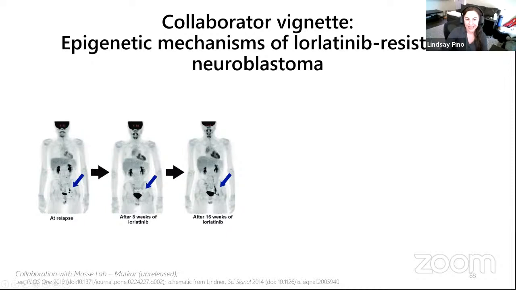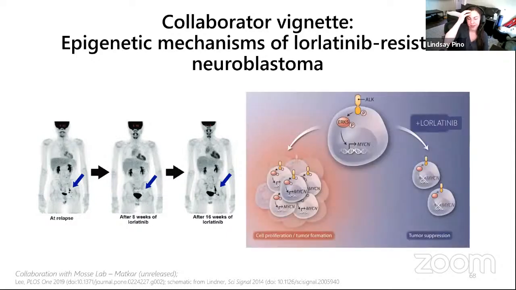It's an ALK kinase inhibitor, but some patients sadly relapse after getting lorlatinib treatment because their tumors become lorlatinib resistant. The collaborators suspect this is an epigenetically driven mechanism where the tumor acquires this lorlatinib resistance. So now we can really quickly analyze this data.